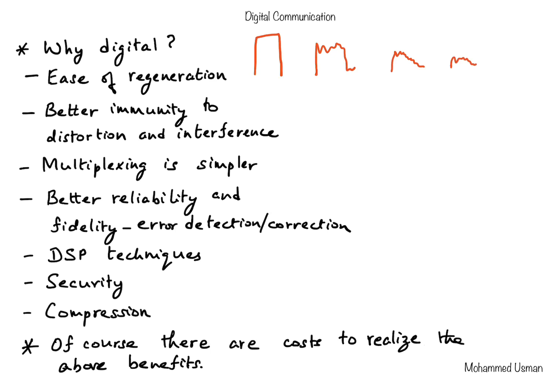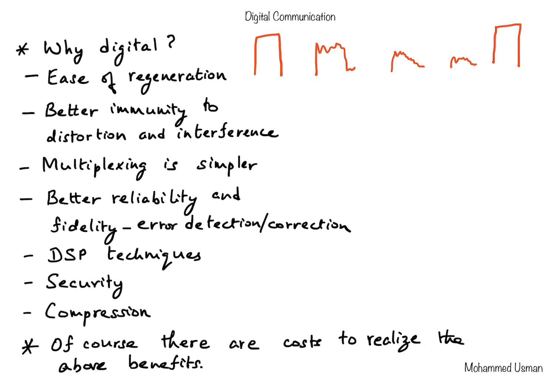But with a digital communication system, it is possible to periodically regenerate that pulse. So before it completely disappears, on the communication channel at regular intervals, we can have what is called a regenerative repeater, which would reconstruct the pulse and then put it further forward.